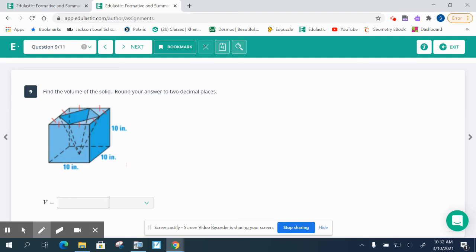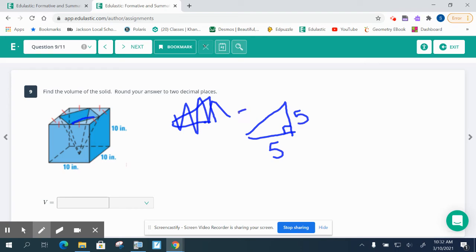What you're going to have to do is figure out what this side length is. So take this as a right triangle. It's a 45, oh wow, that's the worst right triangle I've ever seen. It's a 45, 45, 90 triangle because you've got 2 sides that are the same. If this whole thing is 10, they're saying this is split in half. So this would be 5, and this would be 5, so 5 square root 2.